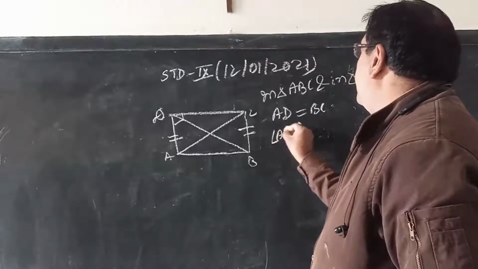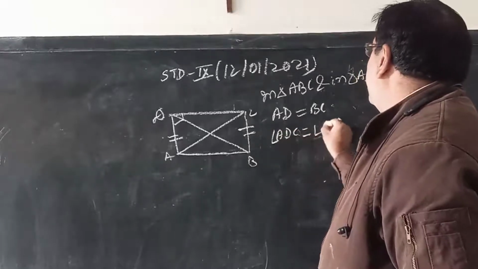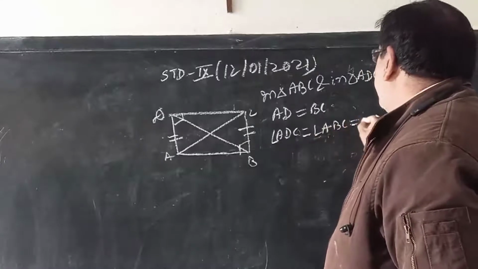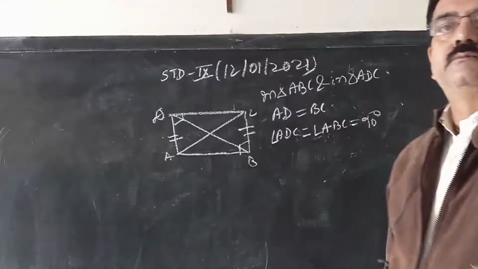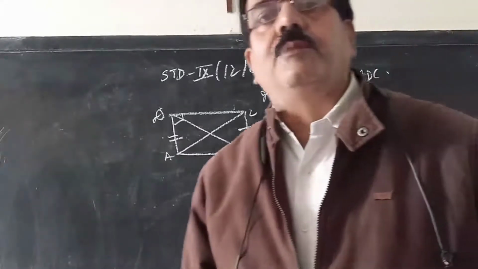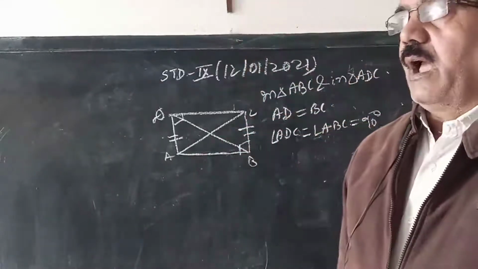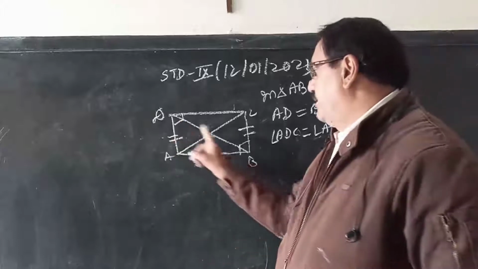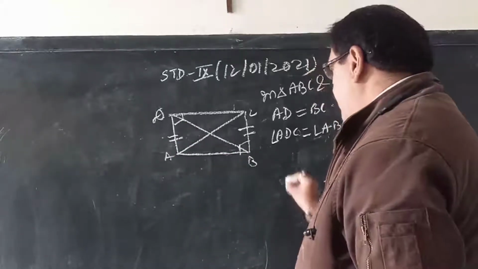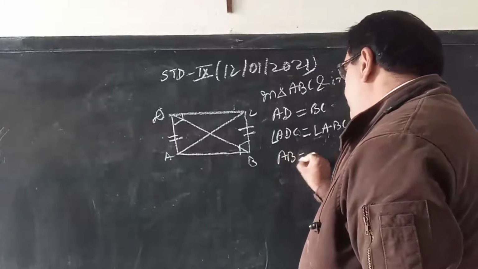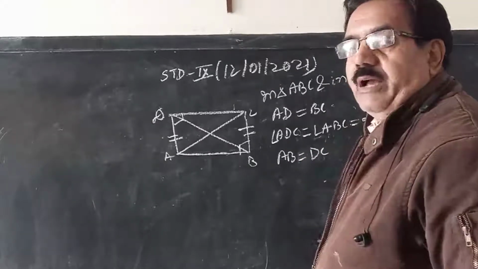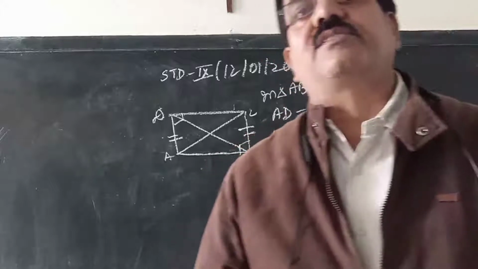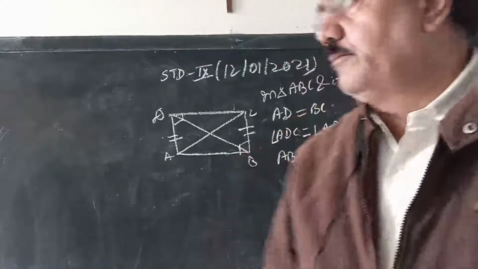Then angle ABC will be equal to angle DCB, both 90 degrees, because ABCD is a given rectangle, and in a rectangle each angle is 90 degrees. So this is 90, this is also 90. Then AB equals DC. Again why? Opposite sides of a rectangle or parallelogram are equal.